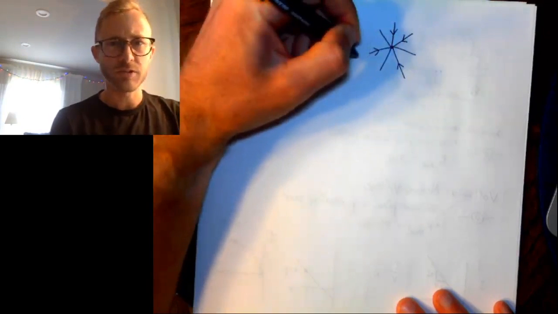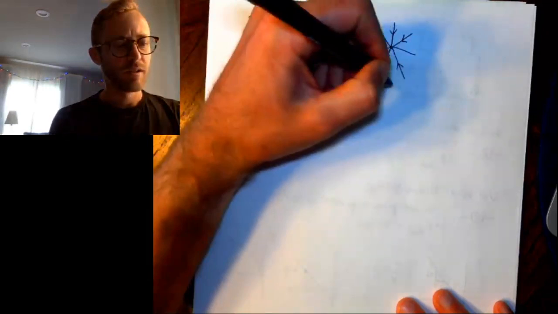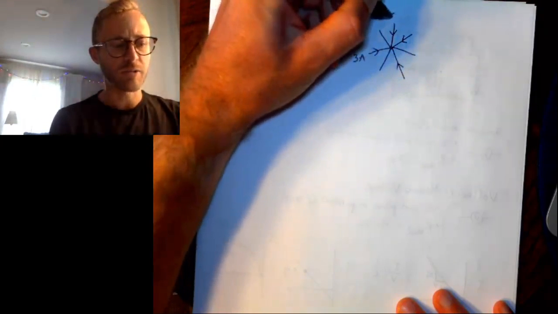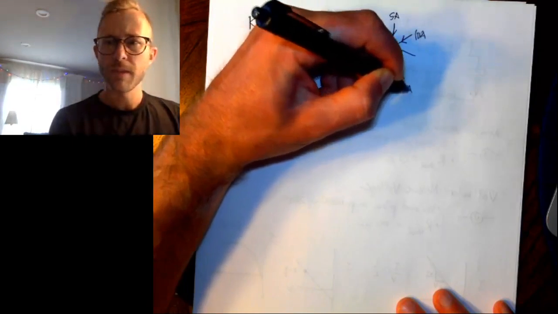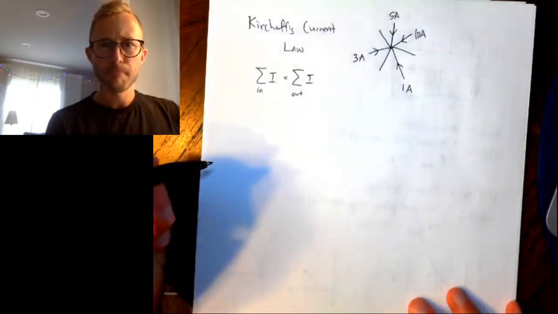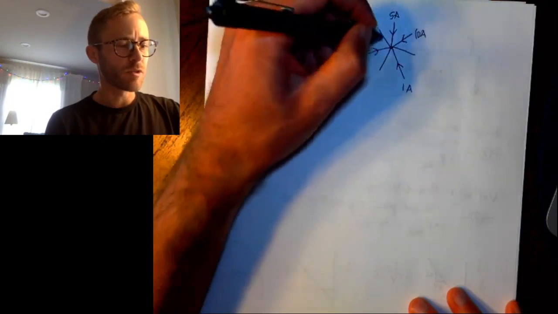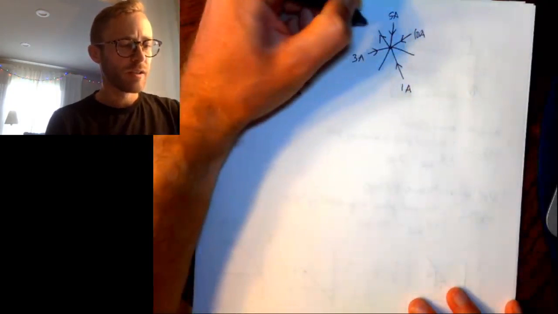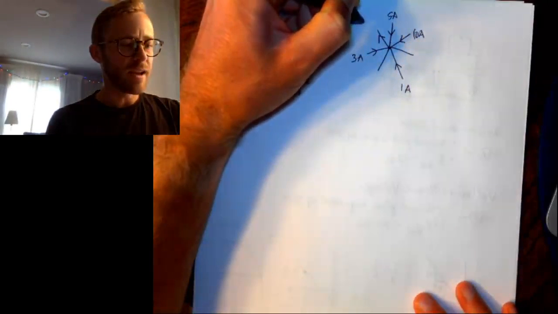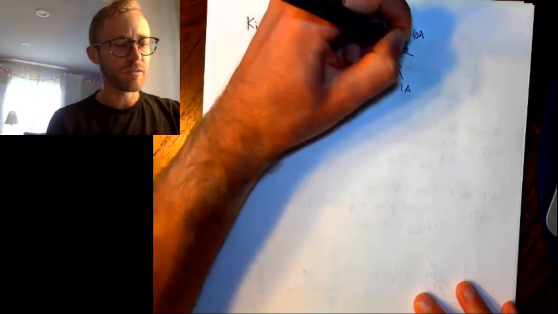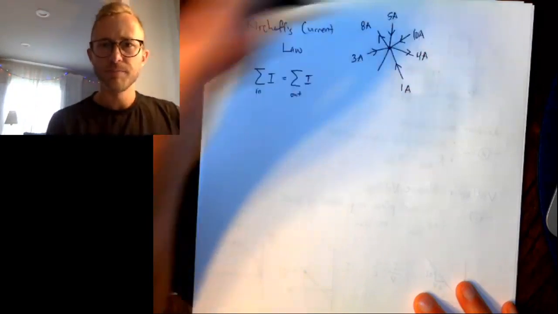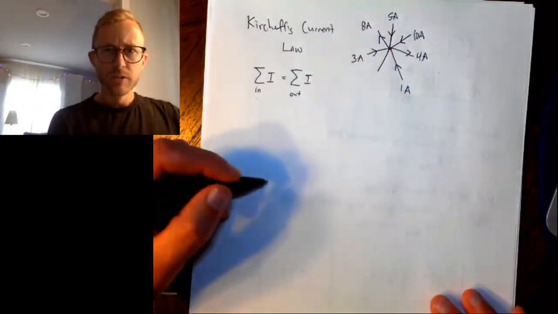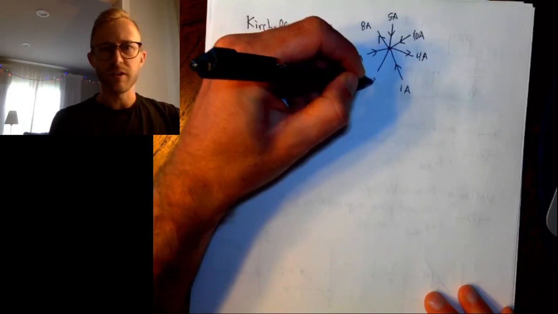Maybe this is 3 amps going in, this is 5 amps going in, this is 10 amps going in, this is 1 amp going in. And then I have some currents going out. This is an 8 amp current going out, this is a 4 amp current going out. And we want to know, what is this unknown current?